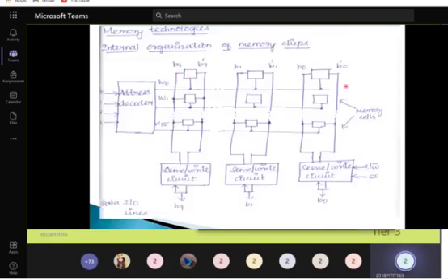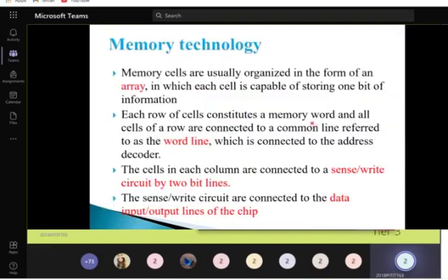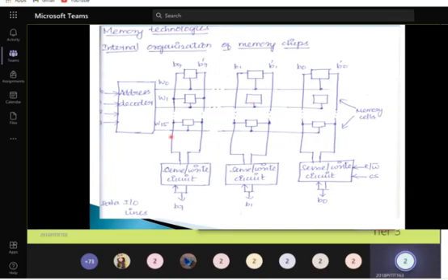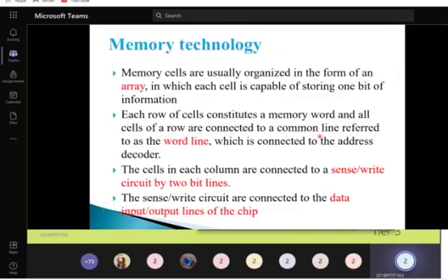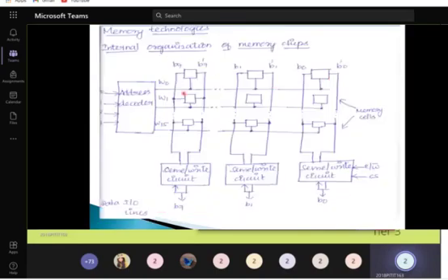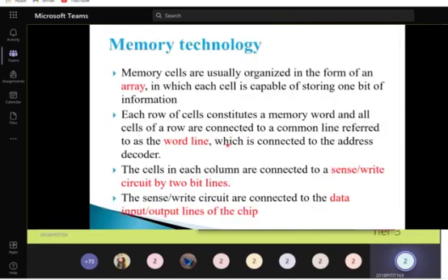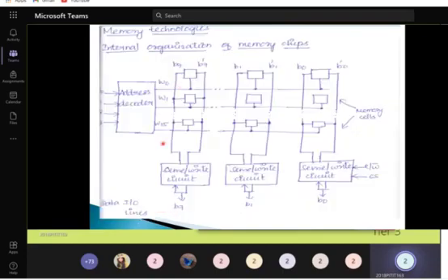All the cells of the row are connected to a common line. This common line is called a word line. Again, this word line is connected to the address decoder.